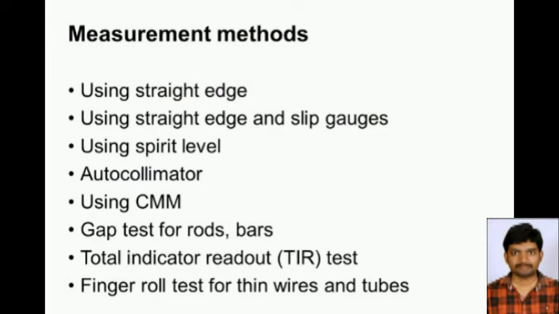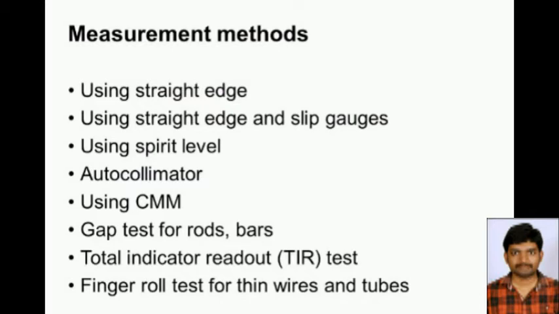And recently, with the advancement of coordinate measuring machines and computer aided inspection, CMMs are used to check the straightness. And there are some tests as per ASTM, like the gap test, the total indicator readout, TIR test, and the finger roll test for checking the straightness of thin wires, rods and bars.